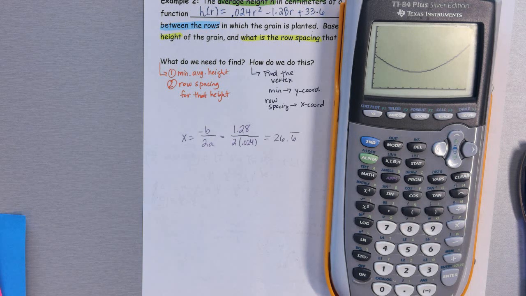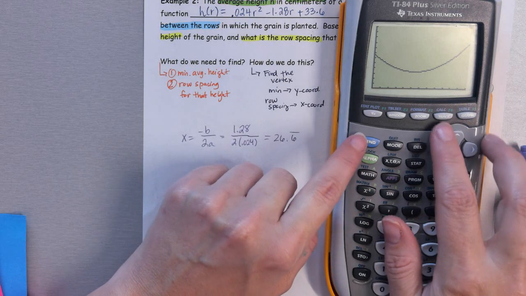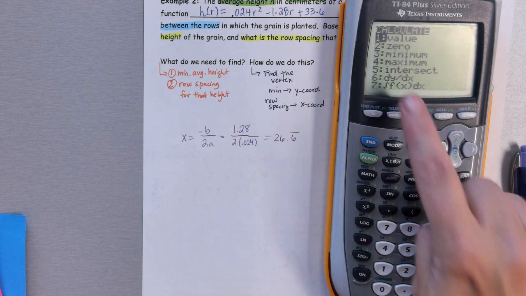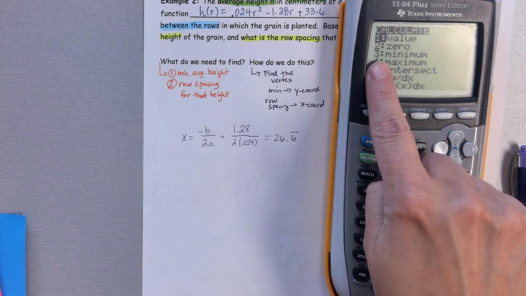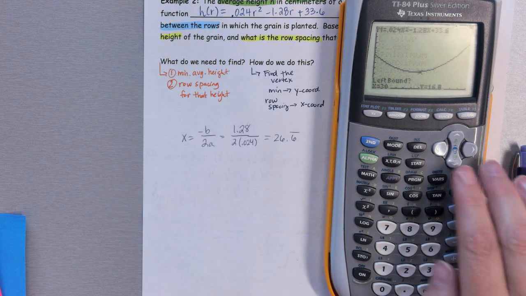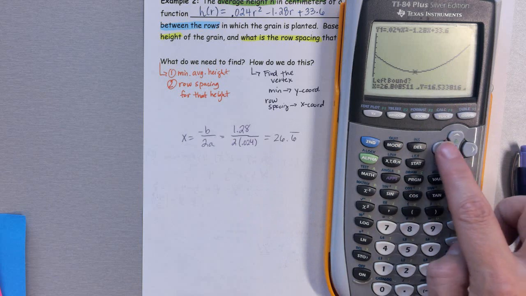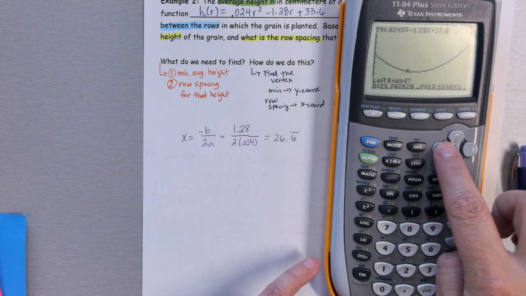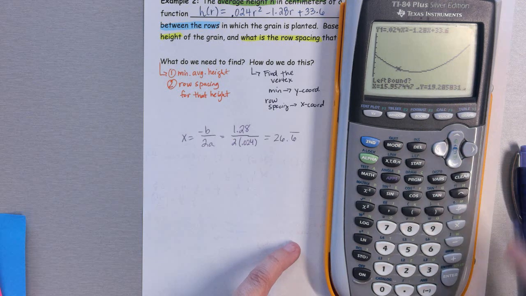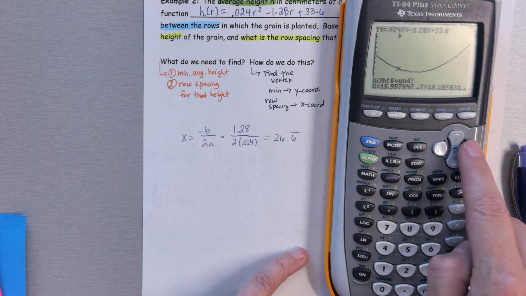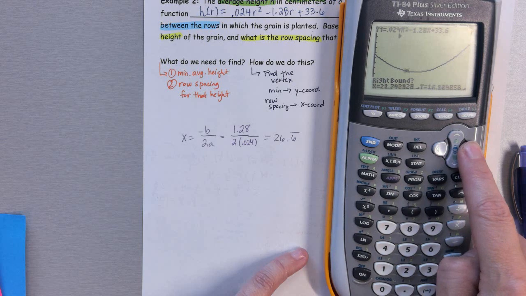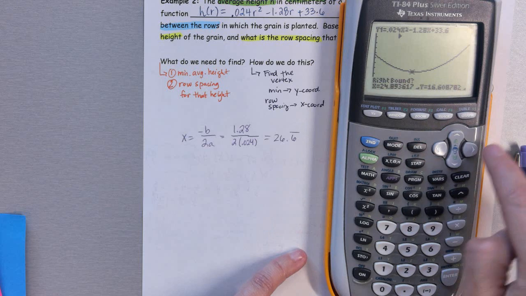Okay, so again, we can use our calc feature. So second calc, this time we're finding a minimum, so we're going to go to 3. The scale is a little bit wider, so I'm going to go out a little bit more here. I'm going to say this to the left side, because I can see my lowest point is somewhere in here.